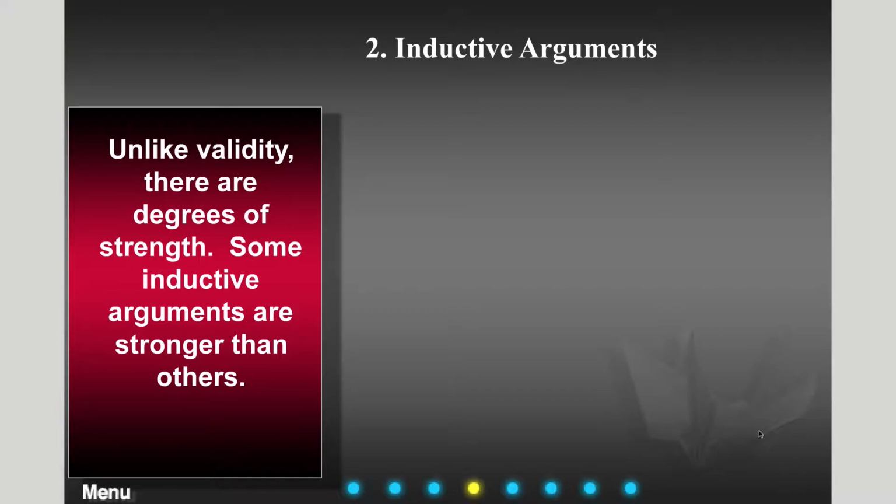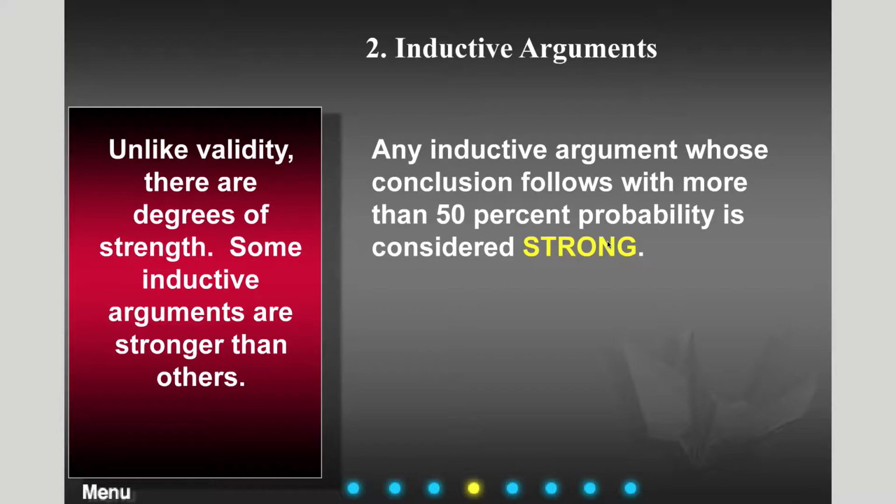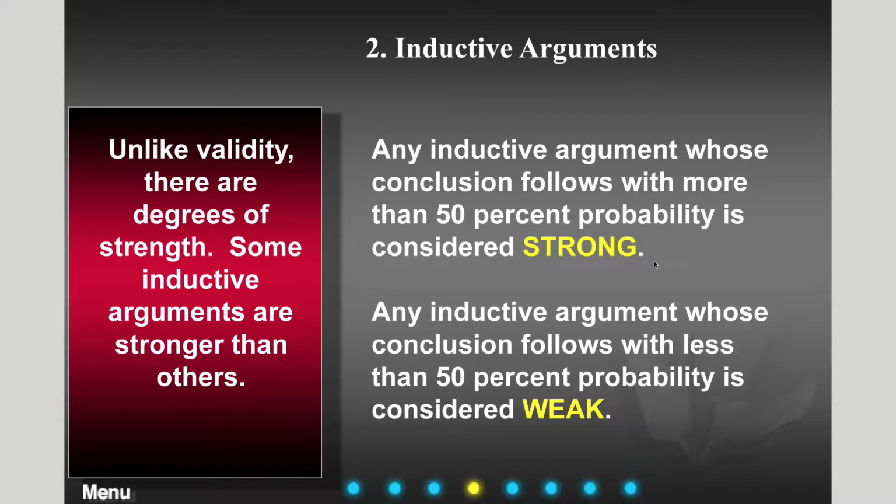Now, unlike validity, where something is simply valid or invalid, inductive arguments are stronger or weaker, right? So any argument whose conclusion follows with more than 50% probability is considered strong. Those that are not meeting the 50% threshold are weaker.